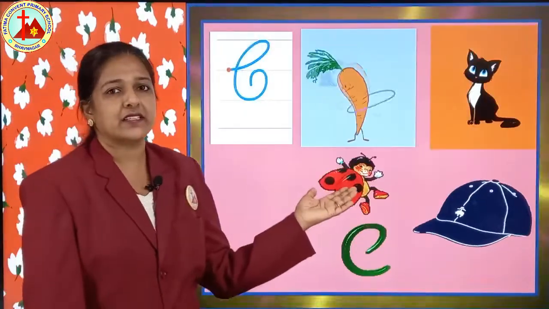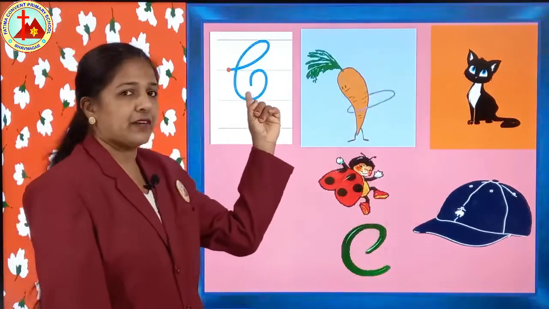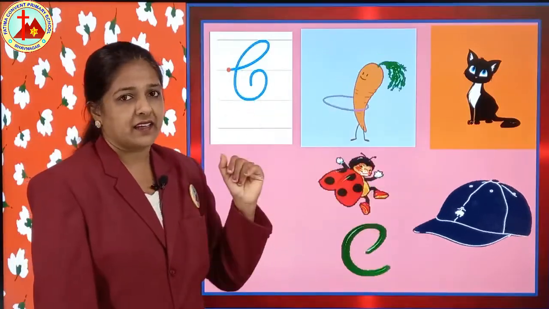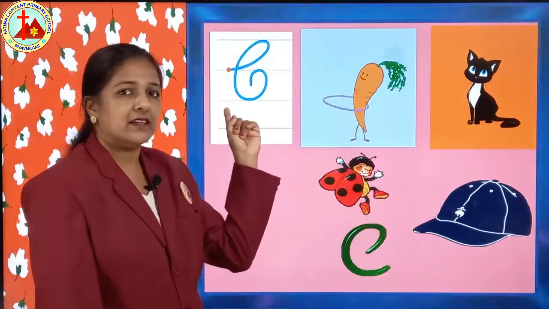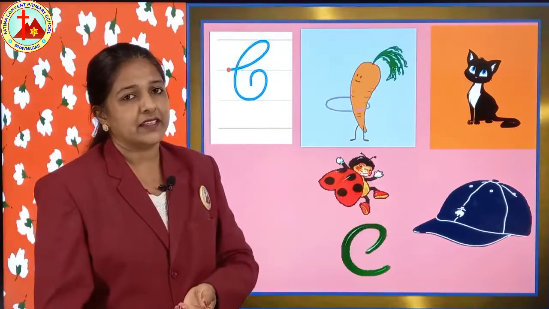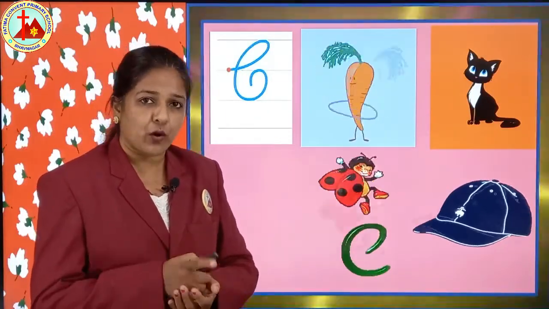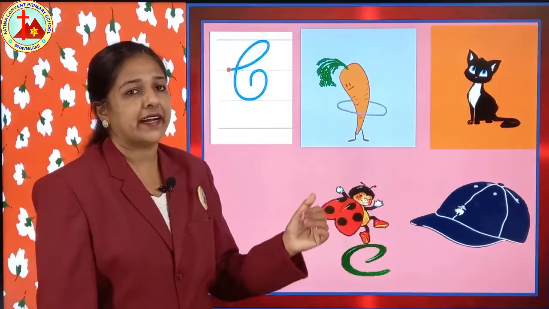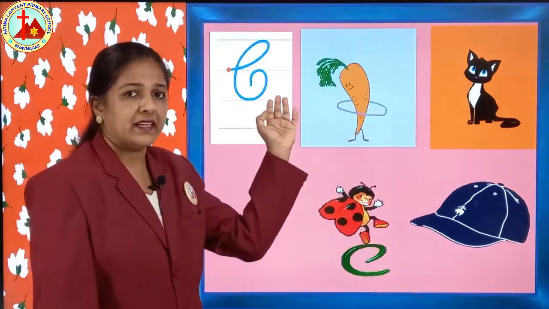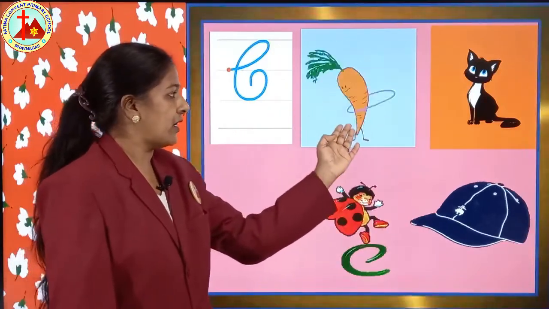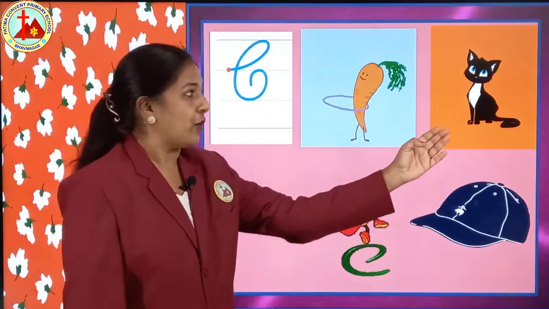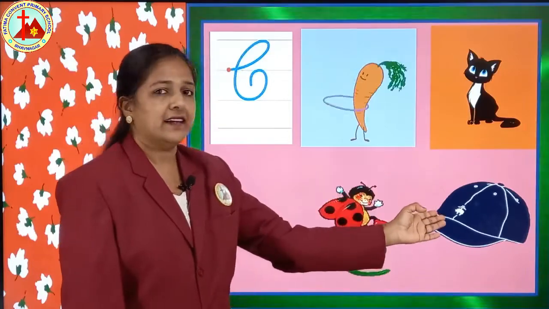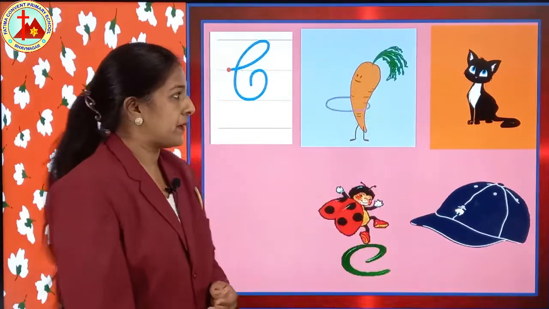Here you can see this is cursive capital C. You have learned to write cursive small c, and today we will learn how to write cursive capital C. C for carrot, C for cat, and C for cap.